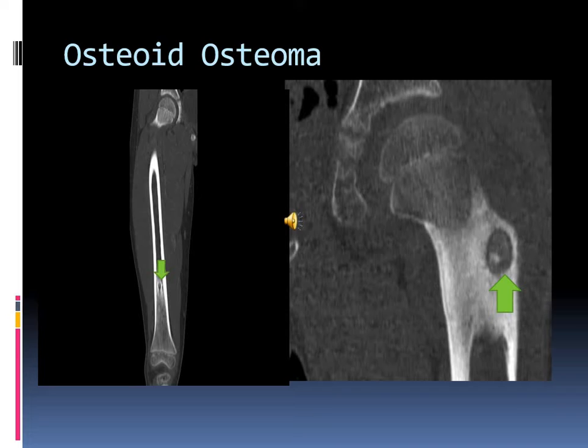So the osteoid osteoma is a benign lesion made from the nidus and surrounded by a thick sclerotic bone. Sometimes we can see only the sclerotic bone, and sometimes we can see only the osteolytic oval lesion, and even we can see both of them together in other cases.